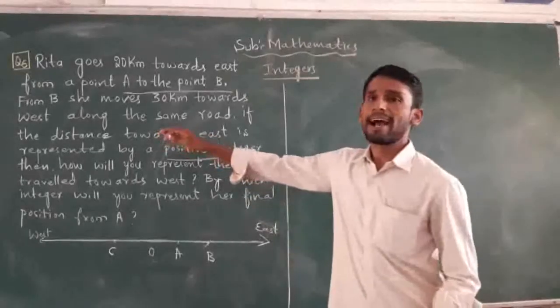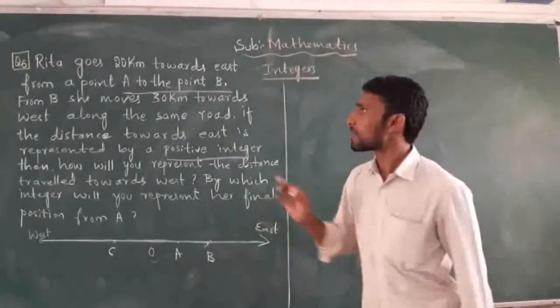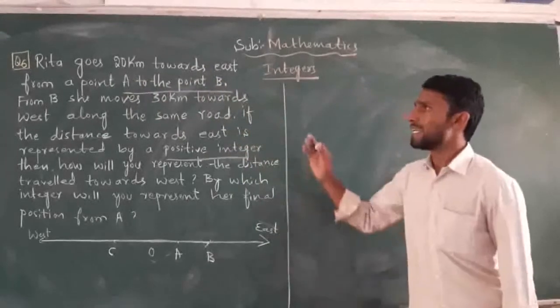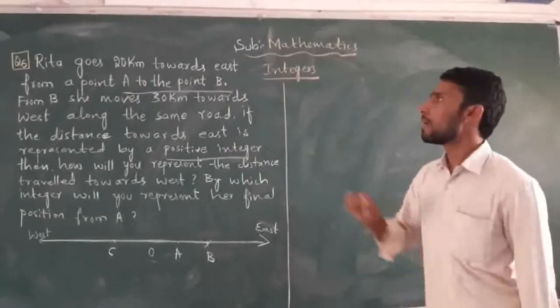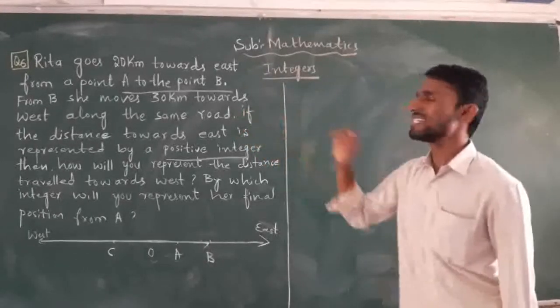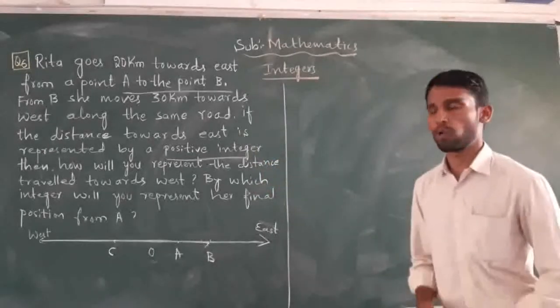To students, I am taking here exercise 1.1, sixth question. Rita goes 20 km towards east from a point A to the point B. From B, she moves 30 km towards the west along the same road.